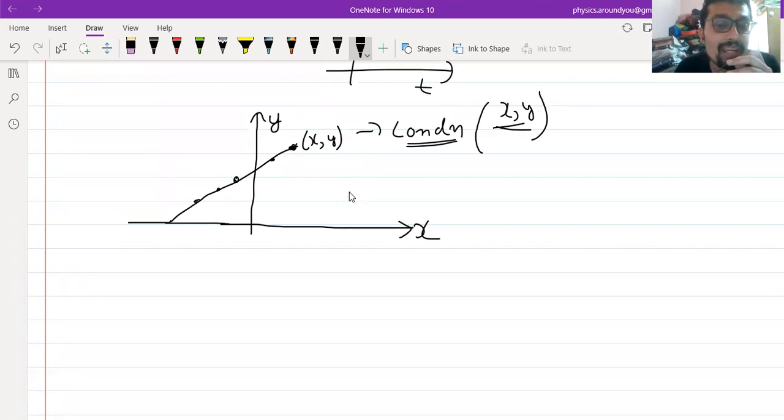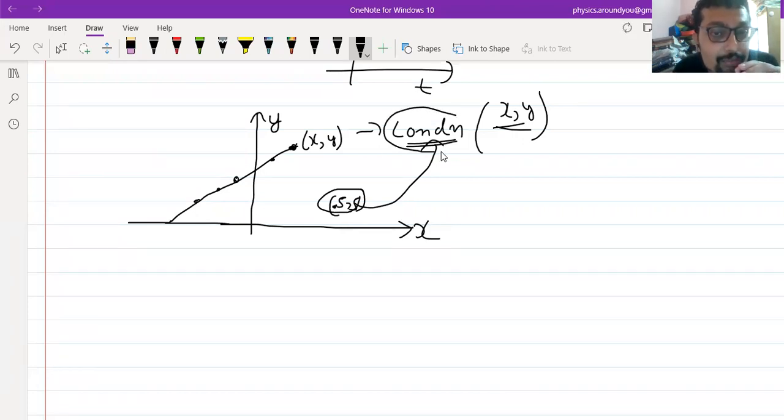All the points lying on the line should satisfy a condition that is called the equation of this line. If I take 5 comma 5, is this point lying on the line? No, it is not lying on the line. So if I put 5 comma 5 in this condition, it should not get satisfied, because this condition should be satisfied only by those points which lie on the line.